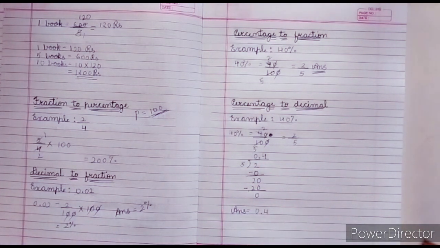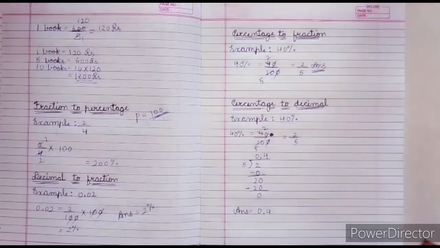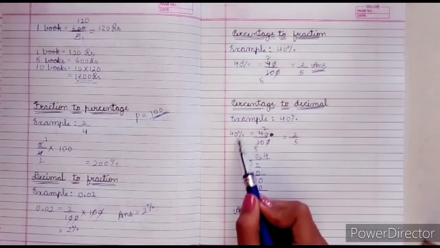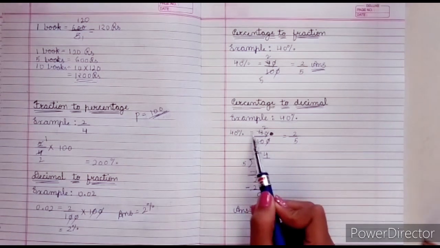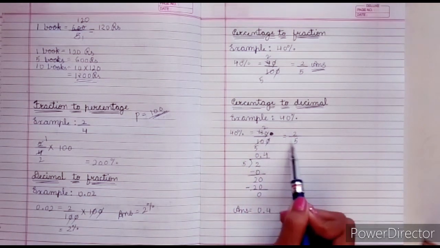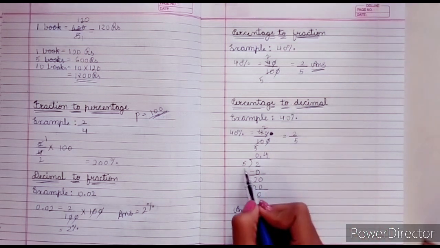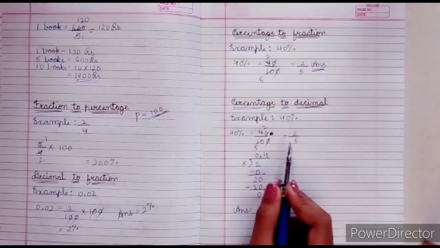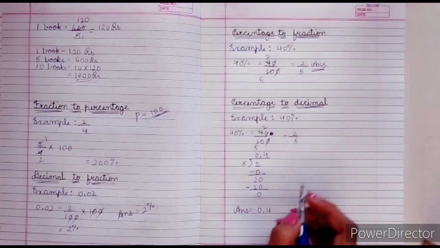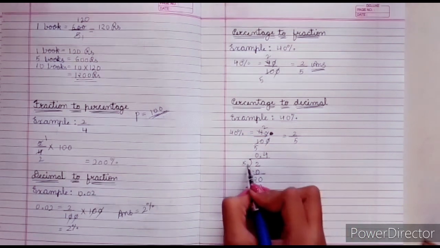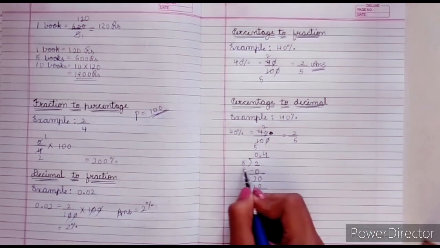So how do we convert percentage to decimal? First we convert percentage to fraction, which we got as 2 upon 5, and then we divide it to get it into a decimal. We divide 2 by 5. Now 2 doesn't come in the 5 table.